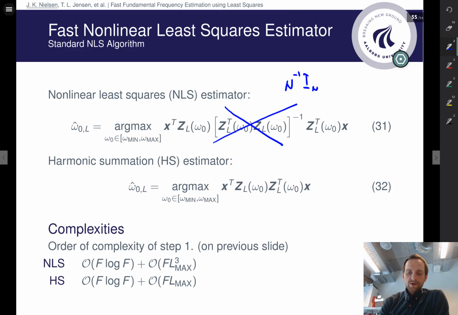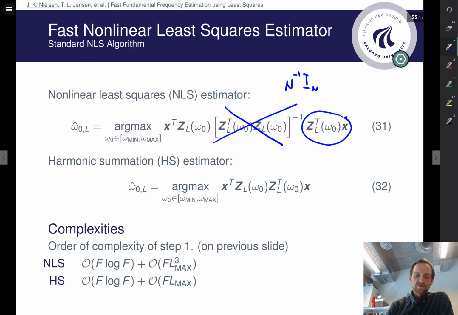The inverse here in 31 is also what causes the big computational complexity. I've written at the bottom of the slide that if you implement 31 as it is stated, then the complexity will be f log f, which is the complexity of evaluating this, plus f L_max to the third power, L cubed max.